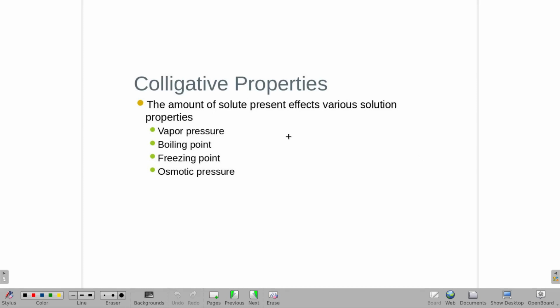So if we were to make, and we will just talk about a salt water solution, not a solid, we're going to dissolve it. So it is salt water, and the solvent is water. What we're saying here is the vapor pressure of the water will change, the boiling point of the water will change, the freezing point of the water will change, and the osmotic pressure of the water will change.